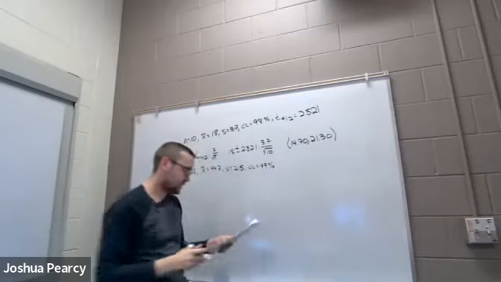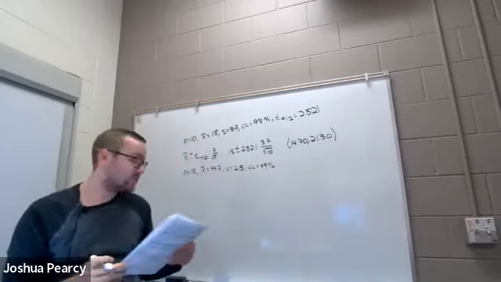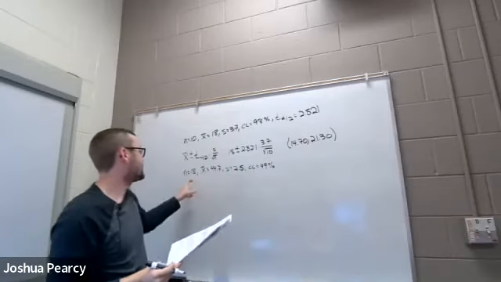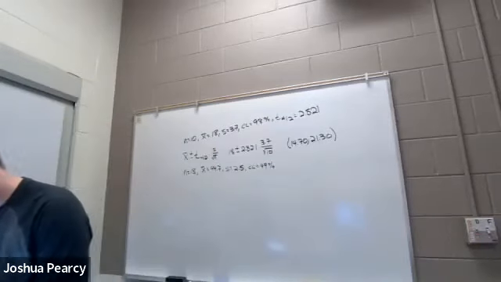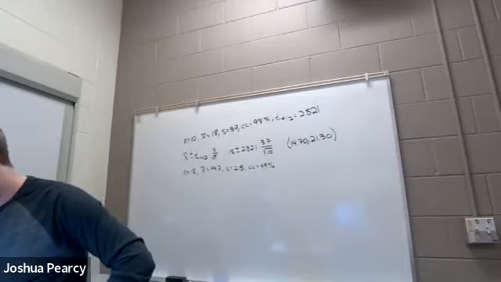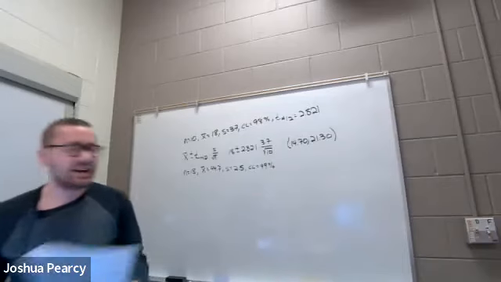In this case, it'll be a different critical value. So you need to intersect 17 degrees of freedom with 99% confidence. And if you do that, you get 2.898.